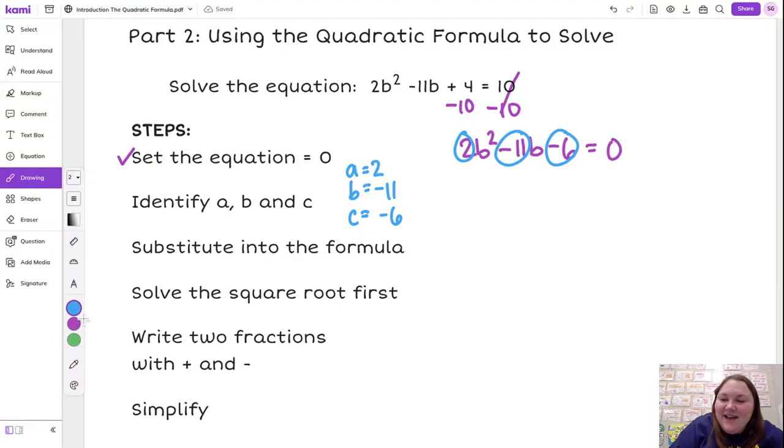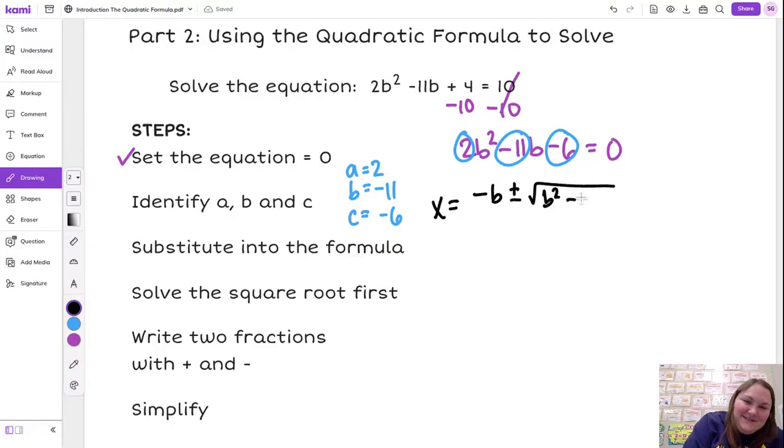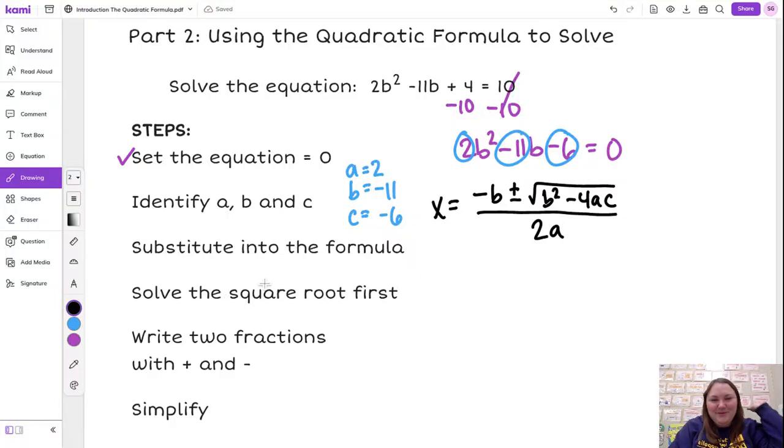After you do that, then you're going to substitute into the formula. So remember the formula is x equals negative b plus or minus square root of b squared minus 4ac, all divided by 2a. When we substitute, remember that means you take out the letter and you put in the number. So for example, a is the number 2.